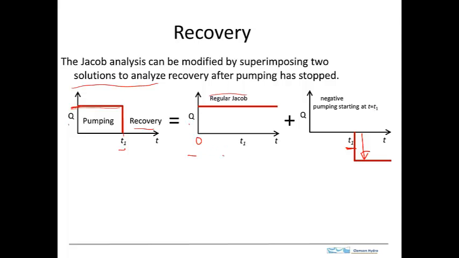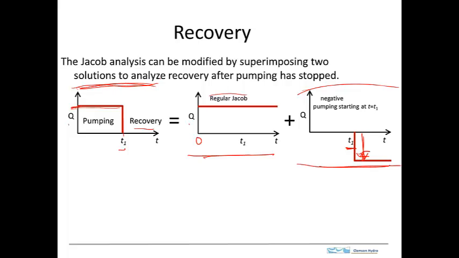If we take this and add to it this, in the beginning the second expression doesn't do anything, but once we reach t1, the negative flow rate offsets the positive flow rate and causes the net flow rate to go to 0.